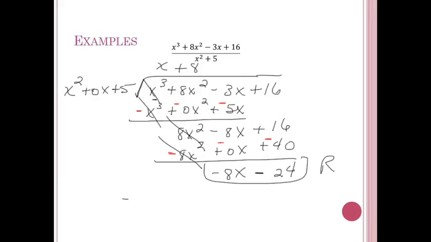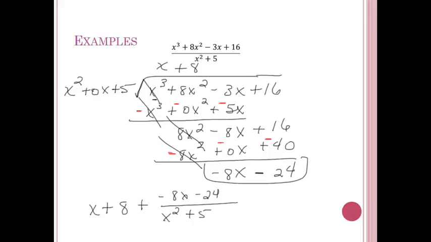So my final answer is going to look like this. Let me erase this little stray mark here. It is going to be x plus 8 plus negative 8x minus 24 over x squared plus 5.